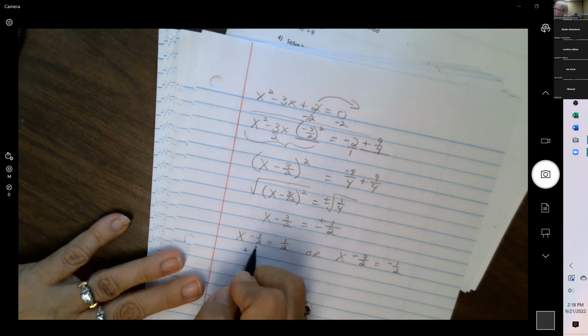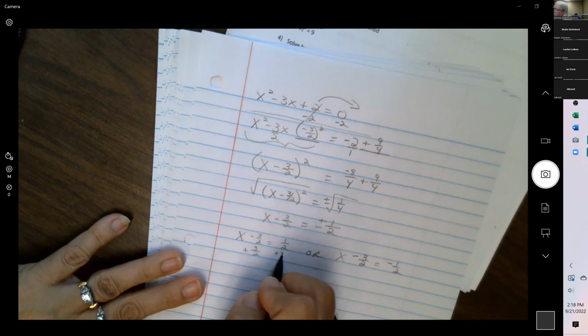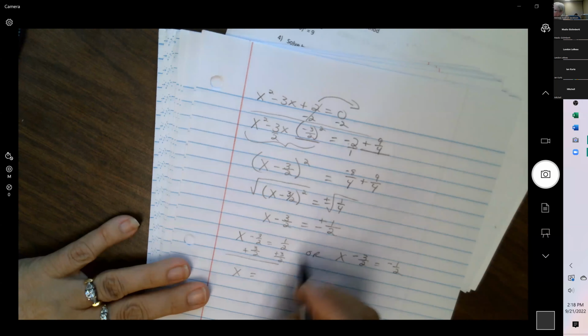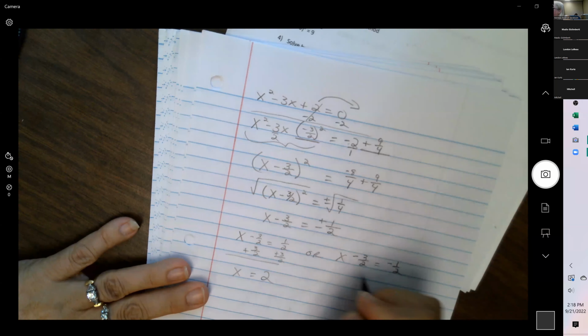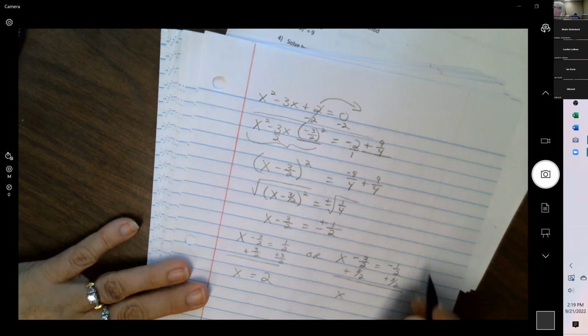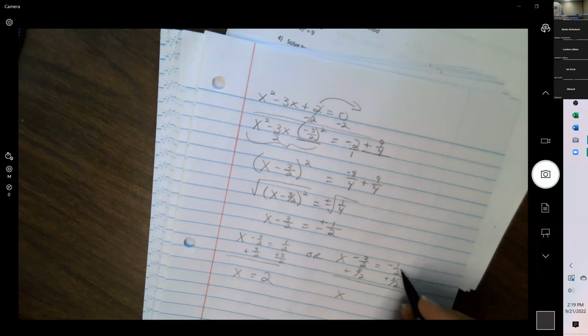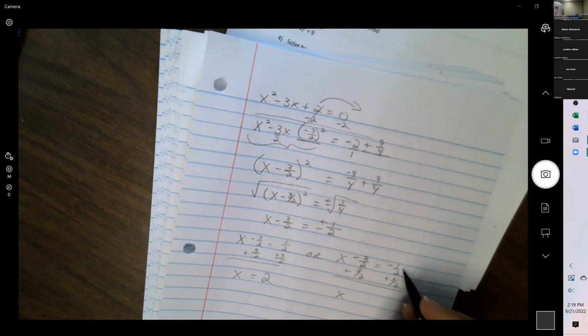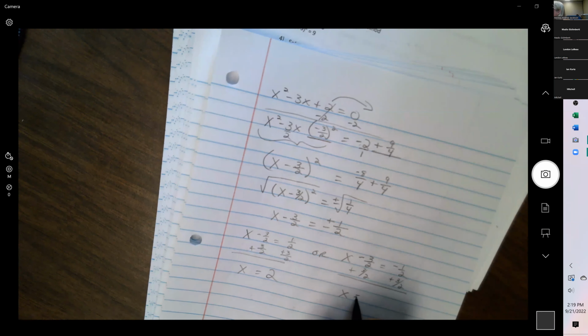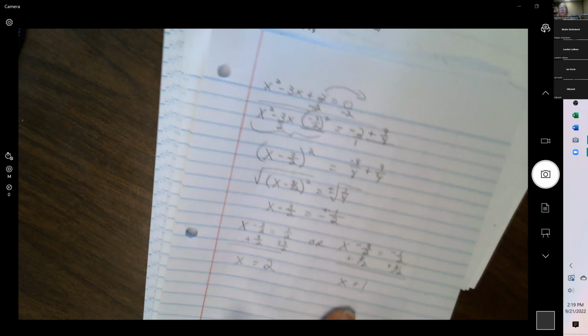Add the 3/2 over. Three halves and 1 is 4/2, which is 2. Add the 3/2 here. A -1/2 and 3/2 is 2/2, which is 1. So we have two answers, 1 and 2.